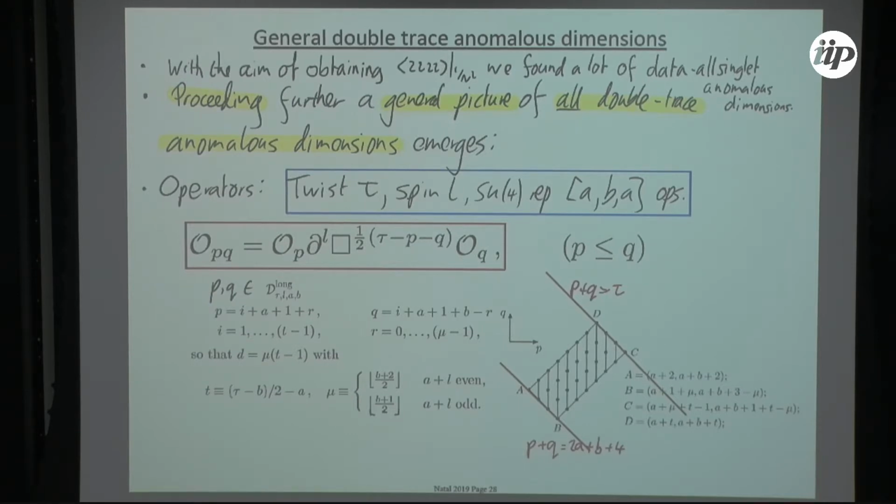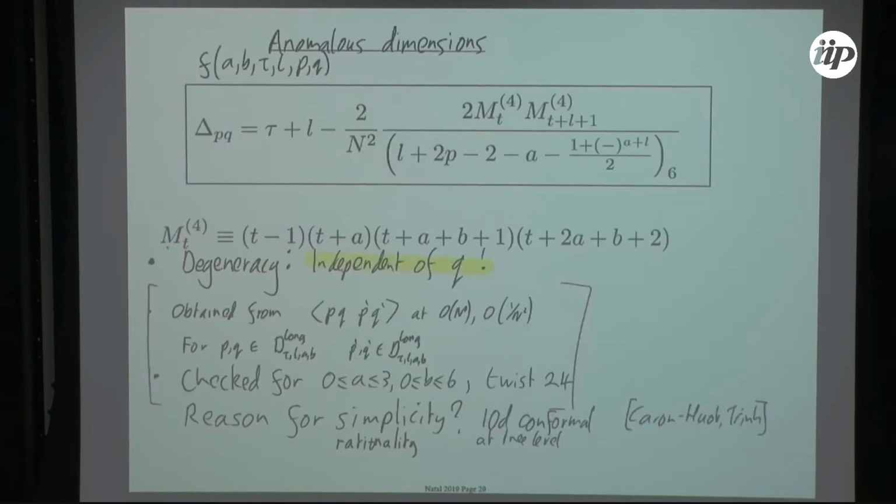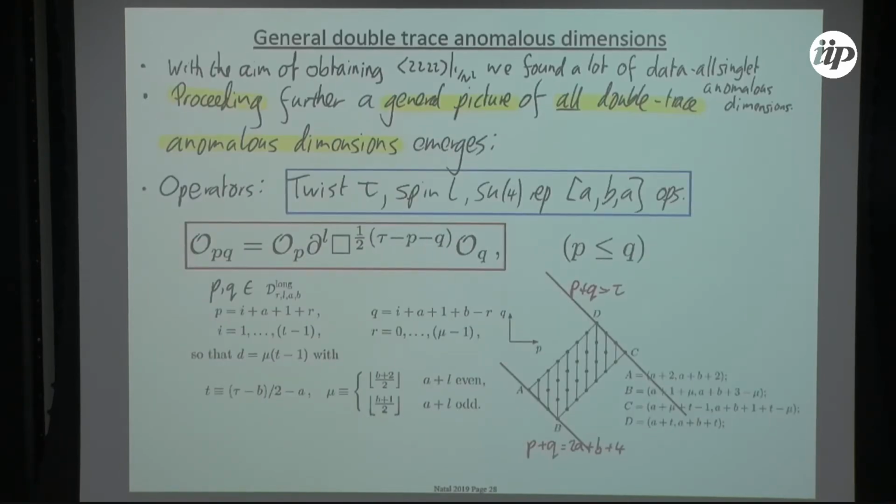And the anomalous dimensions they have take this form. And in particular, they're degenerate, so this formula is independent of q. So that's why I have these sort of vertical lines here. So all these operators have the same anomalous dimension at order 1 over n squared.